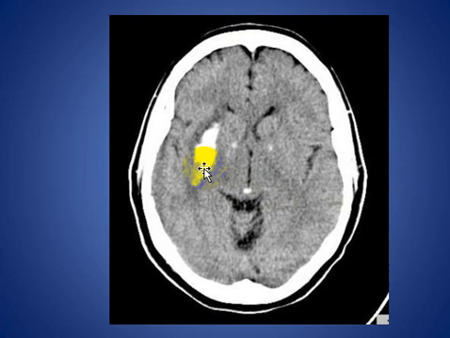Another patient with hypertension with a right basal ganglia hemorrhage on non-contrast CT scan, and the patient also has calcification in the basal ganglia and the pineal gland.